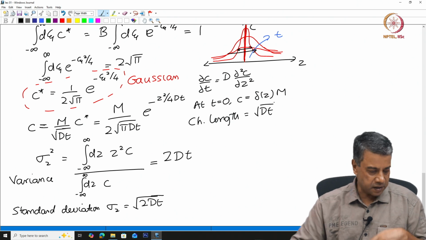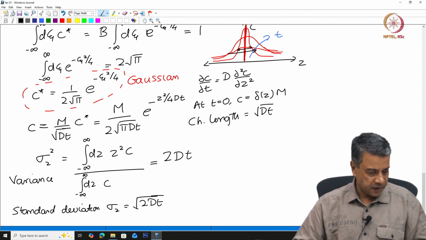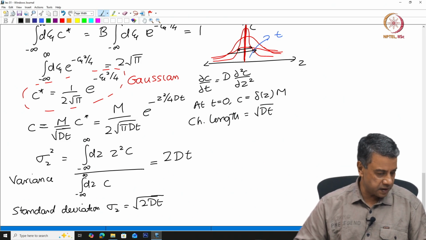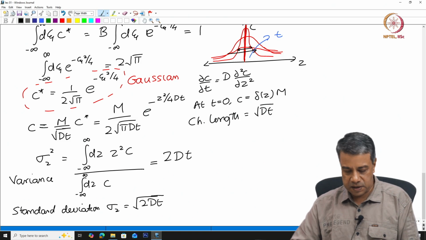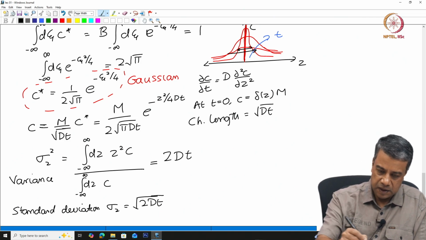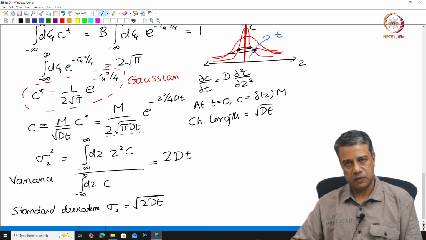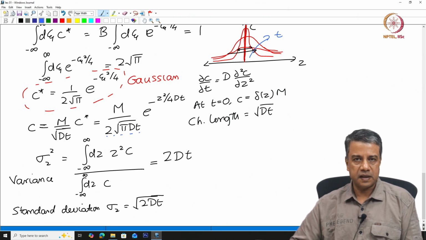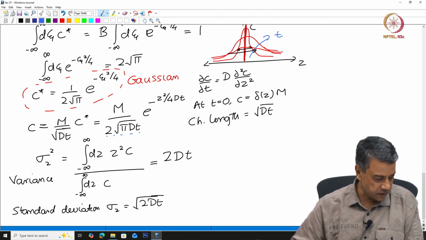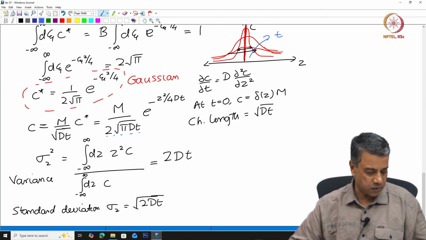And as it diffuses, the total mass remains a constant. The maximum concentration at z is equal to 0 decreases as 1 over root dt, and the extent of spreading increases proportional to root dt in such a way that the total mass is a constant. So, that is the solution for diffusion in one dimension.